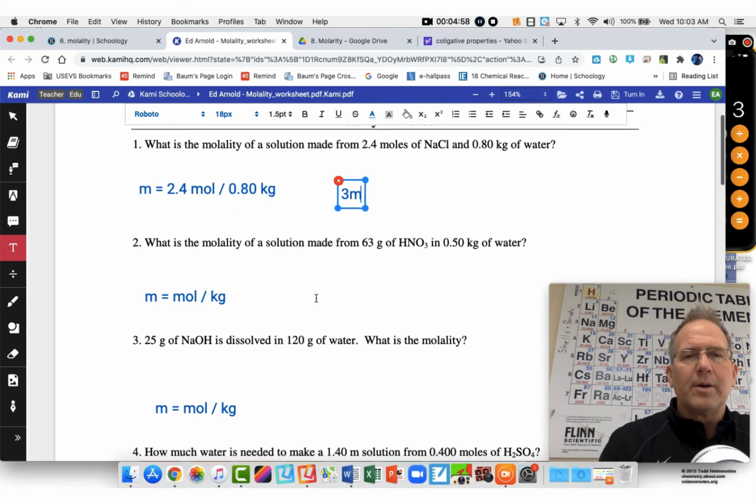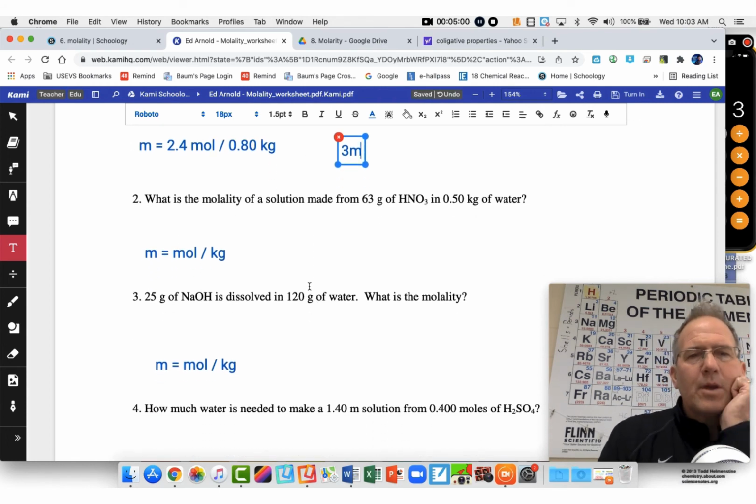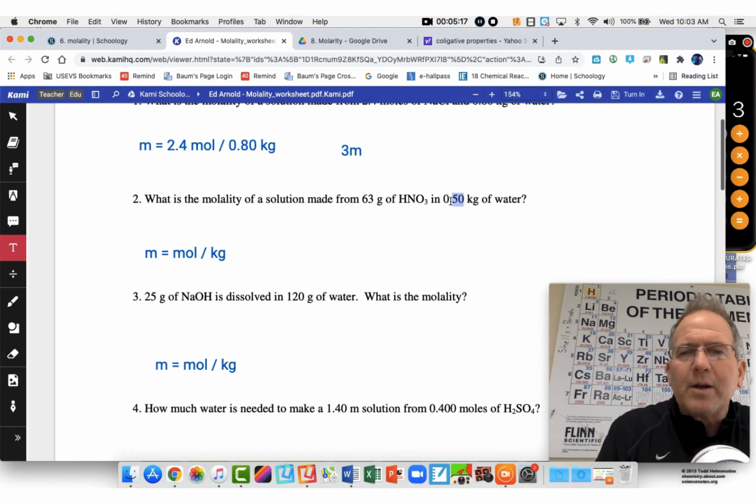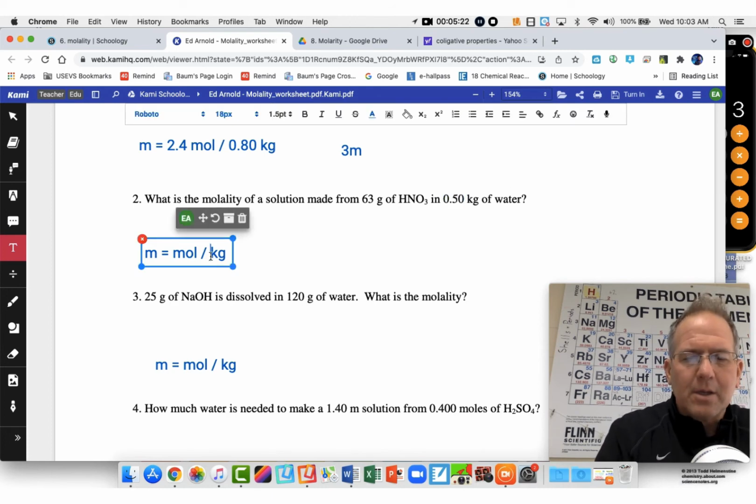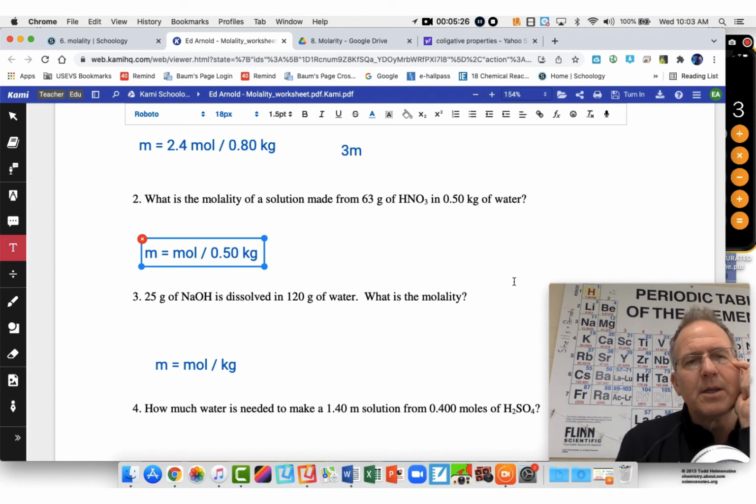All right. Number 2. What is the molality of a solution made from 63 grams of HNO3 in 0.5 kilograms of water? All right. I always say do what we can first. Get it out of the way. We have the kilograms right here of water. Let's put that in first because we know where it goes. Okay, easy peasy. What we don't have is moles, right?